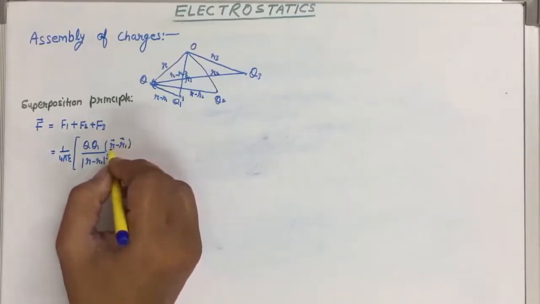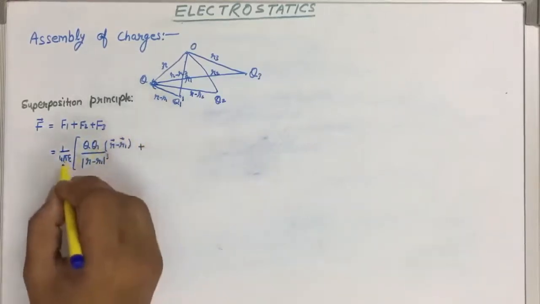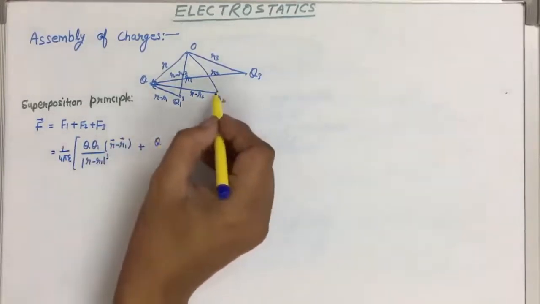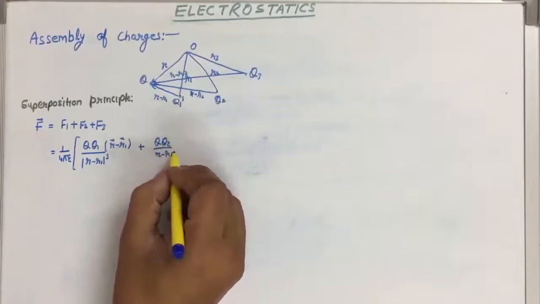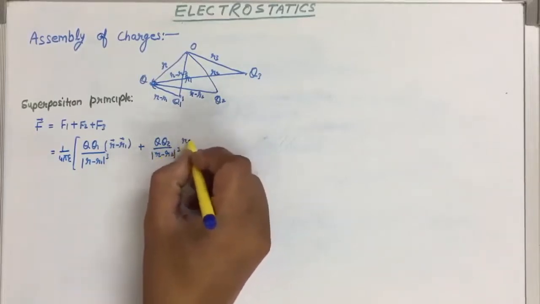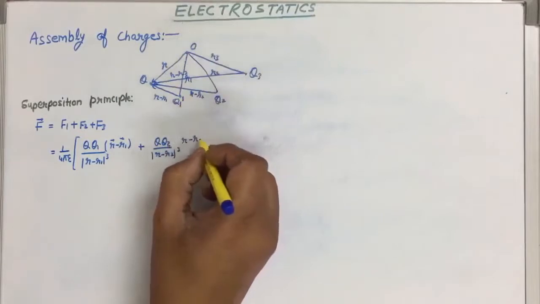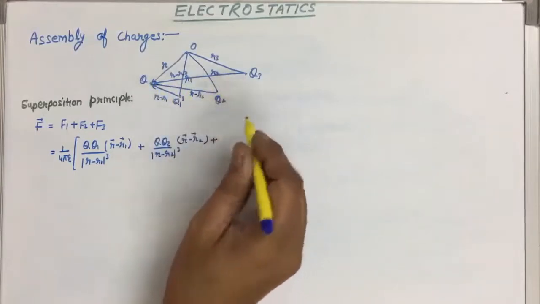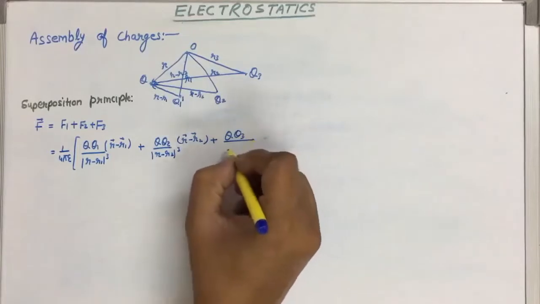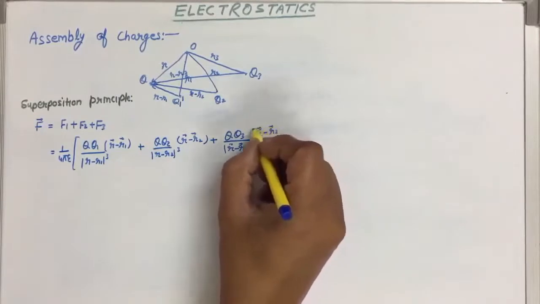Okay, in this direction this magnitude plus F2 will be 1 by 4 pi epsilon due to this charge at this, Q2 divided by R minus R2 cube, R minus R2, final position vector minus initial position vector, and the force at this due to this charge will be Q3 divided by R minus R3 cube, final position vector minus initial position vector.